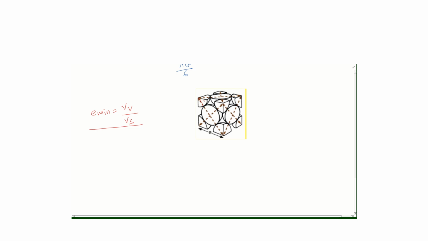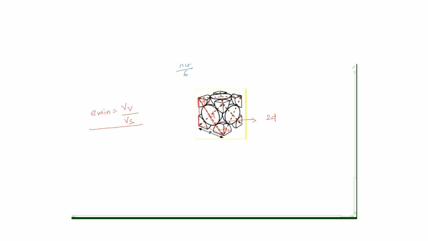We have this diameter, so this is going to be d by 2, this whole is d, and again this is going to be d by 2. So this diagonal is of length 2d, and we have to calculate the length of this side.